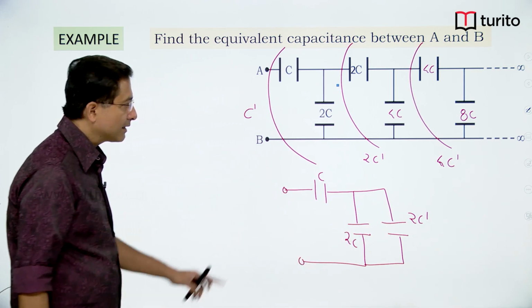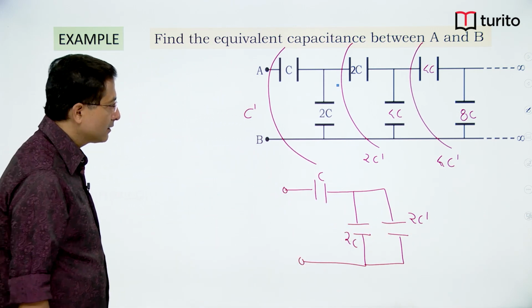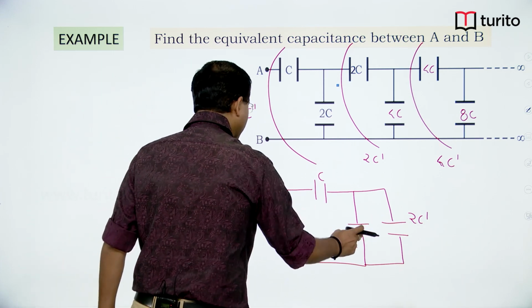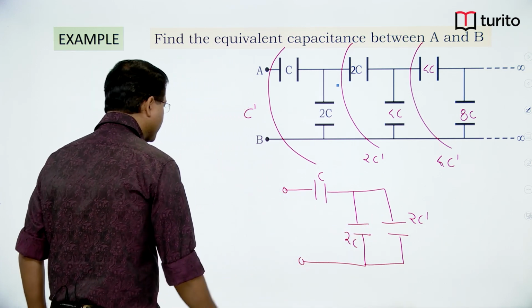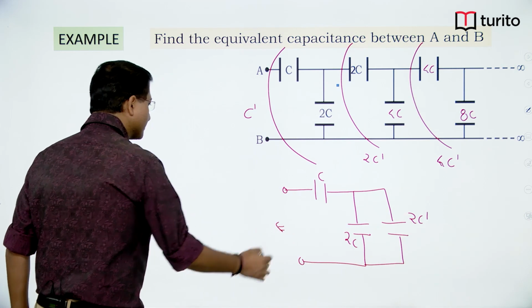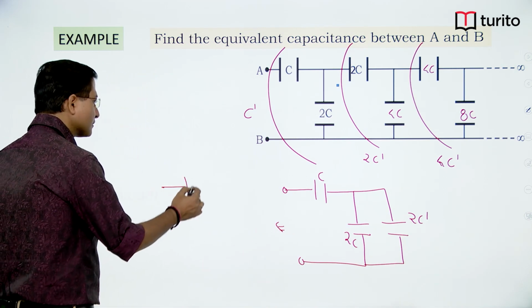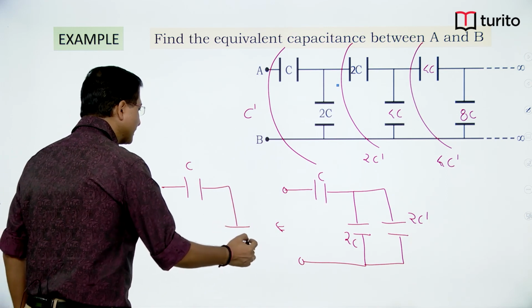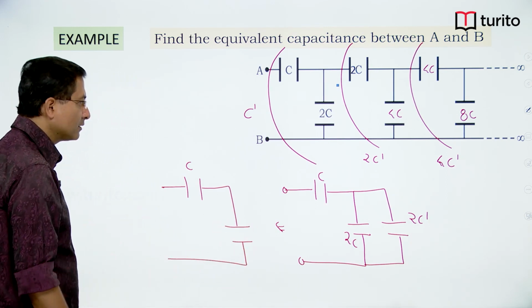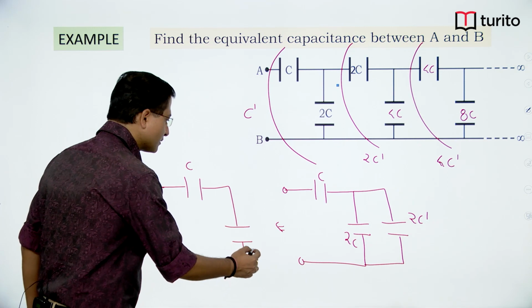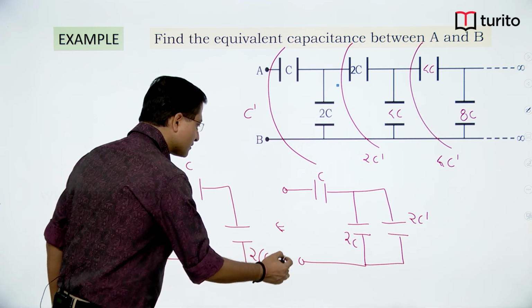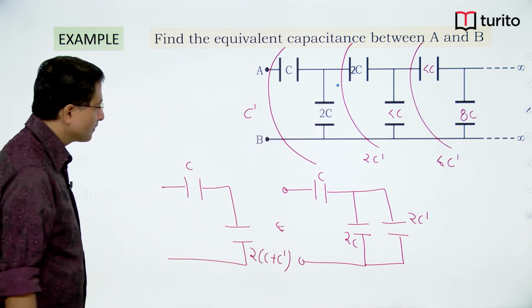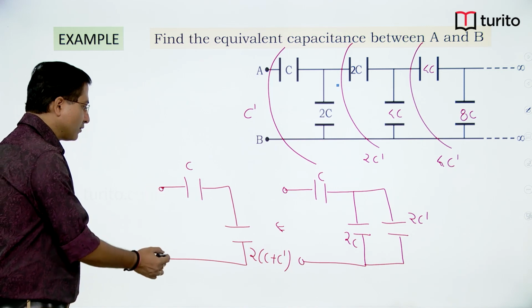As you can see, these two are connected in parallel, so this is the first parallel. Further I can reduce the circuit and it will be something like this. For the parallel combination I can directly write 2 times (C plus C dash), and across these two terminals I want to find the capacitance.